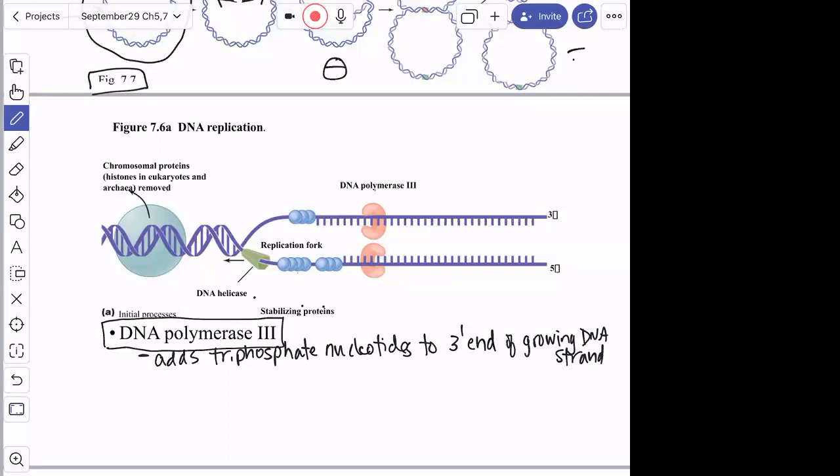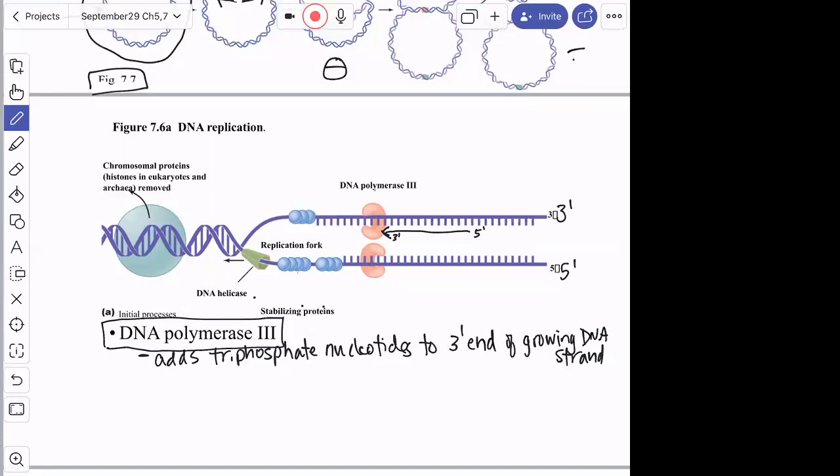For some reason this copied weird. This is supposed to say 3' end, and this is the 5' end. So the new DNA, and this actually shows a little bit better in the next graphic, is going to be going in this direction on this strand because this is going to be the 5' end of this strand and the 3' end here.